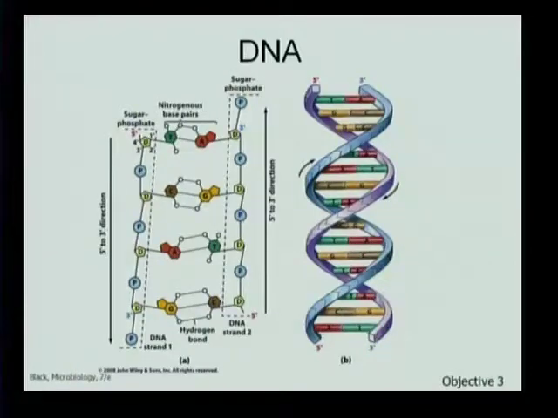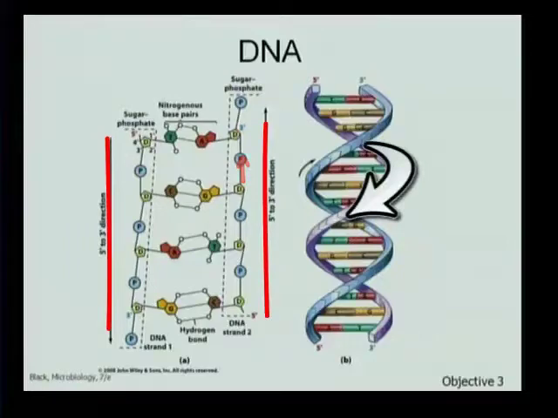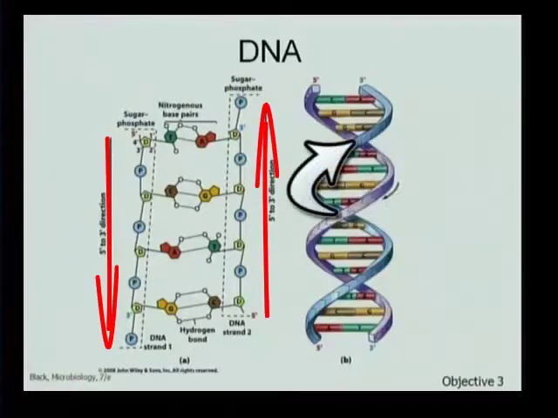The other strand runs in a 5' to 3' direction, but what we call anti-parallel. So if we draw an arrow showing us the 5' to 3' direction, the arrow for one band of the helix is going to move in the opposite direction from the other band of the helix.